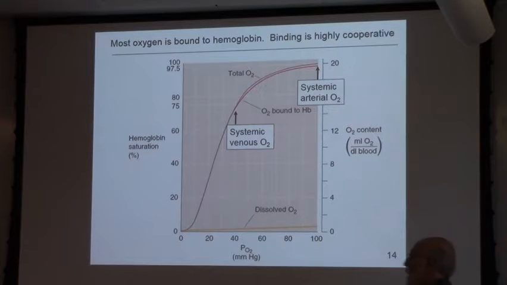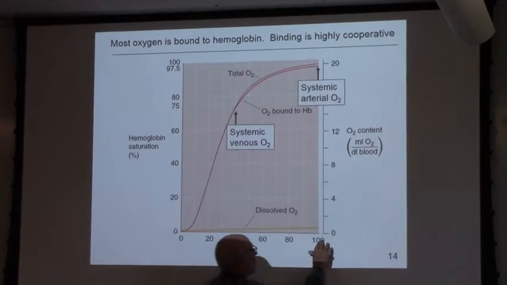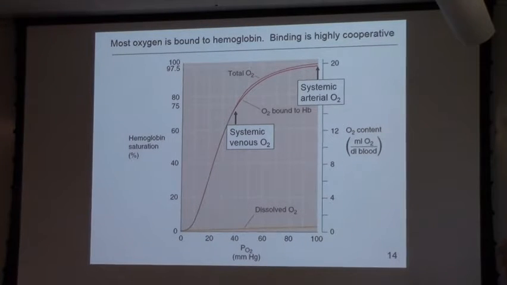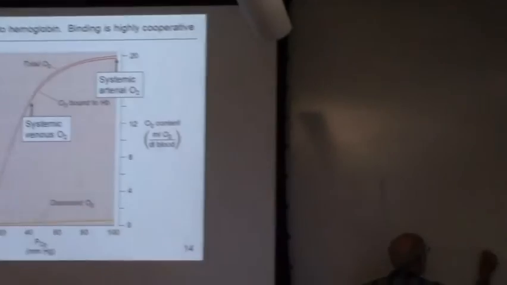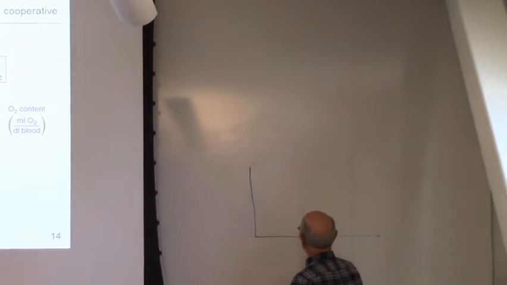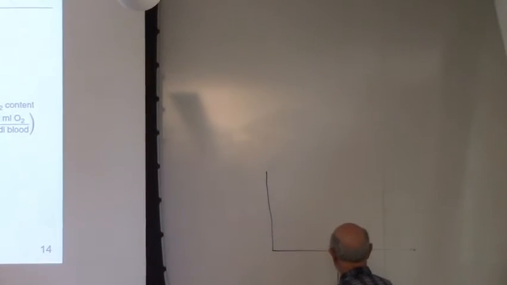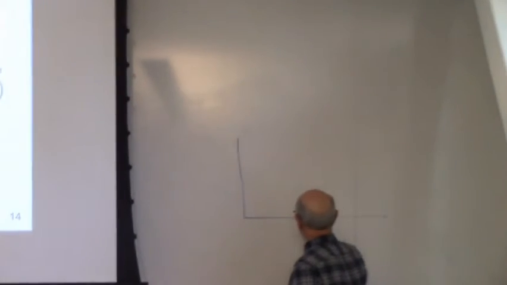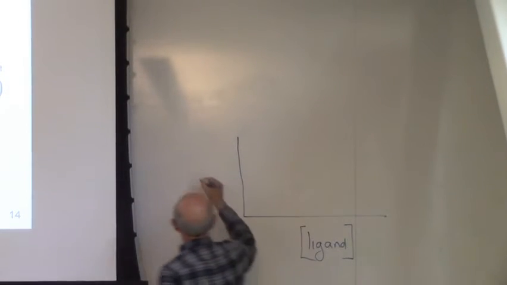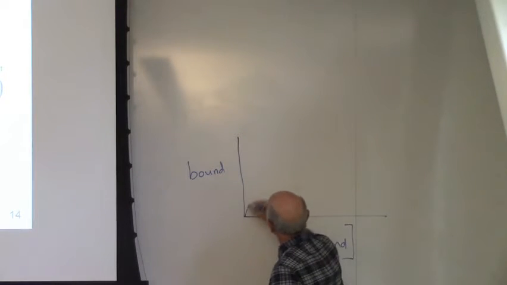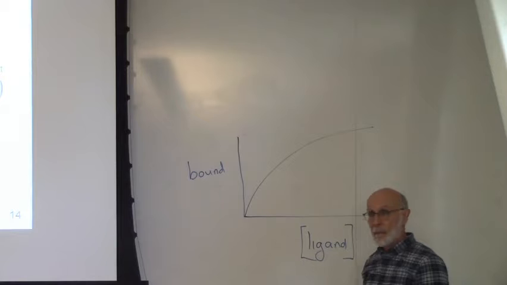Now, you may be thinking, okay, this is a linear scale. This is also a linear scale. You might remember from cell physiology that when we did a linear scale of ligand, in this case oxygen, and the amount bound, we got a curve that looked something like that.